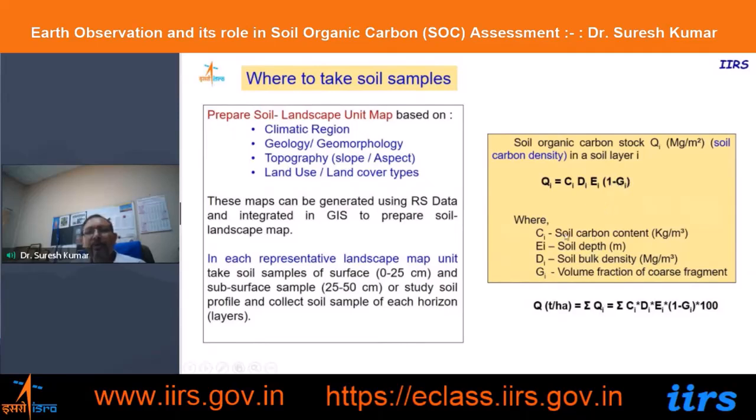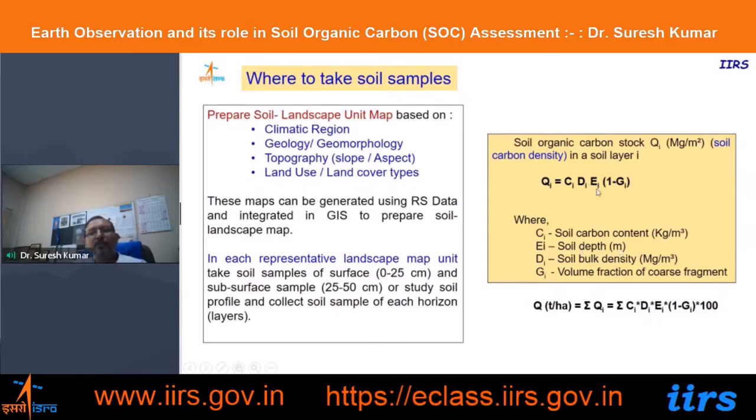So soil carbon content you can estimate in the soil laboratory, and you get the soil carbon percentage. Bulk density of the soils also can be measured in the laboratory. And E, depth of the soils, is the depth at which you have collected the soil sample, suppose 30 centimeter. So it will be 0.30, you convert 30 centimeter into meter.